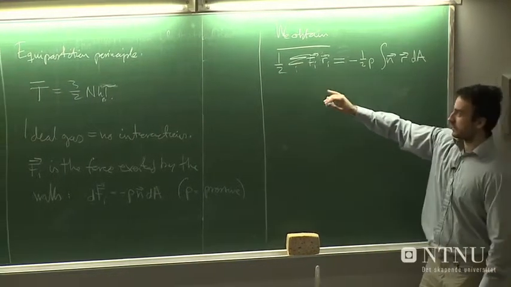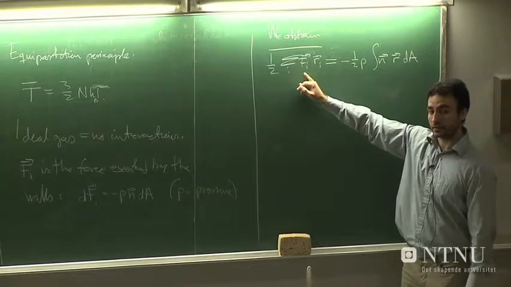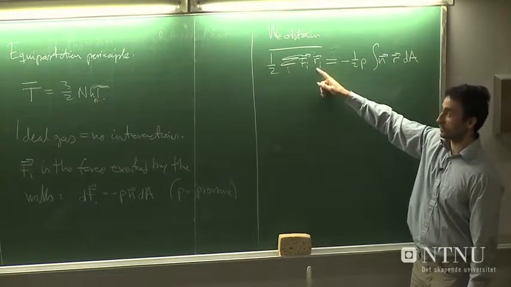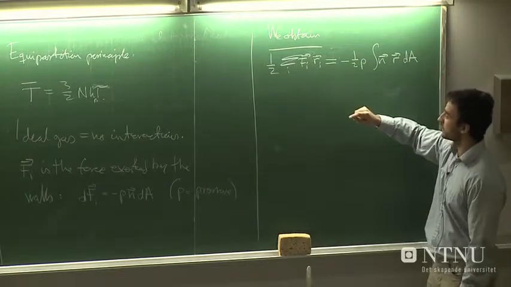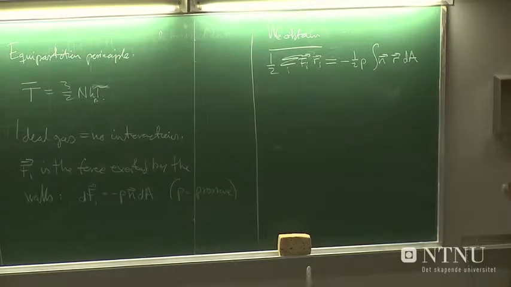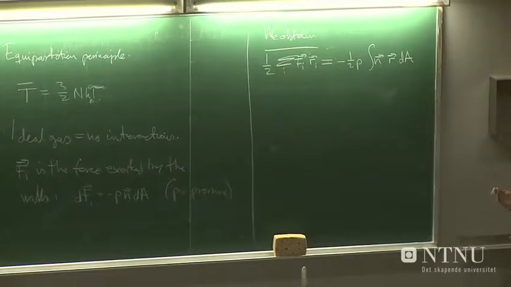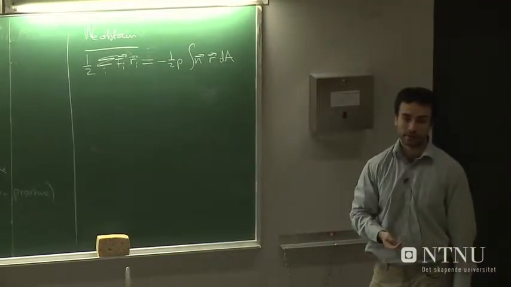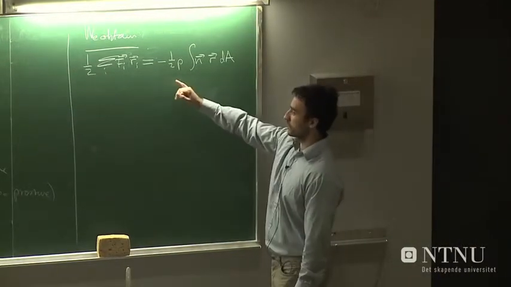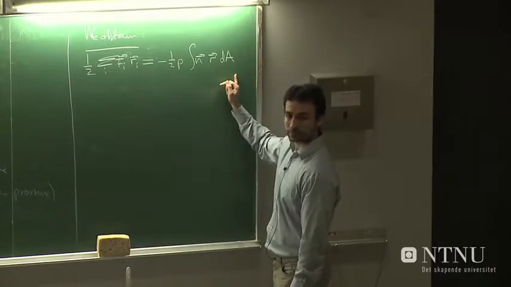So to obtain the total sum over all forces acting on all the particles and dotted with the position vector, we would have to integrate over the entire area of all the walls in the box, which would give us this.